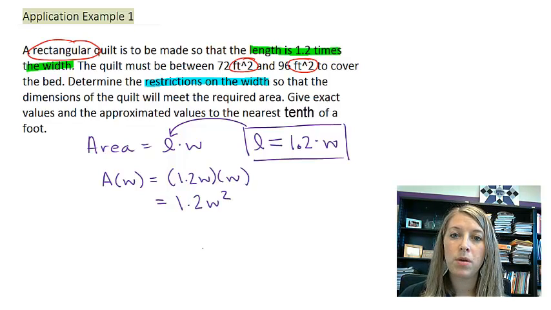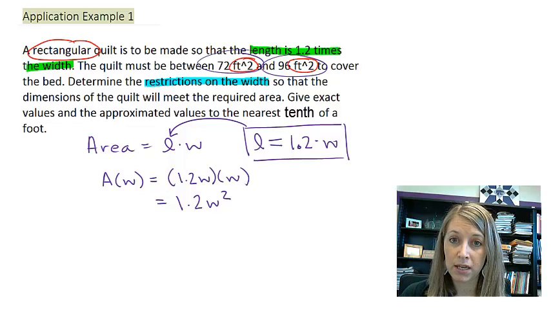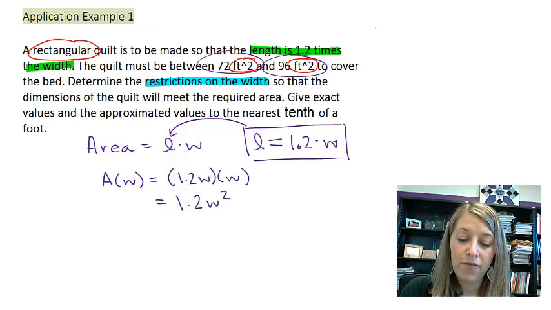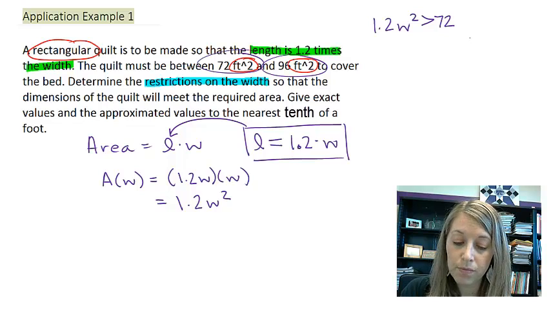Now I need to determine how big the width of this quilt could be. Well, I know that the area has to be greater than 72 and less than 96. And so I'm just going to set those up as two individual inequalities. My first one, my area has got to be greater than 72. On the second one, my area has got to be smaller than 96.